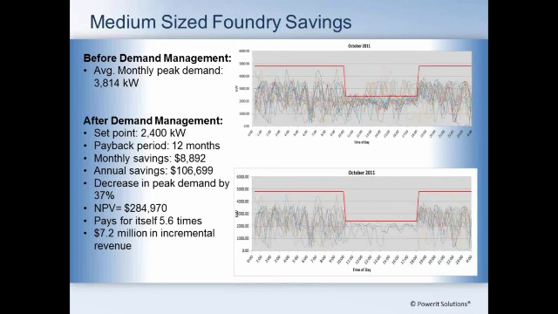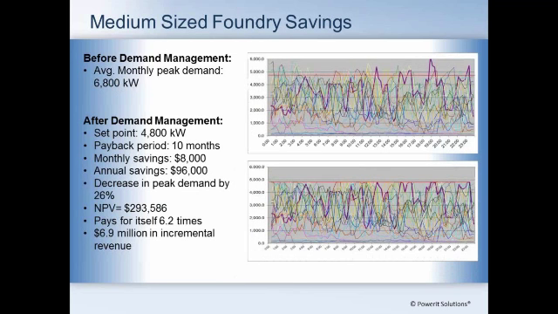And you can see in the top graph that they were successful most of the time, but it's that one orange 15-minute blip that they would have to pay their demand charge on. And once the demand management software was installed, you can see that they were able to hold a flat line at 2,400 kW, which offered them significant savings.